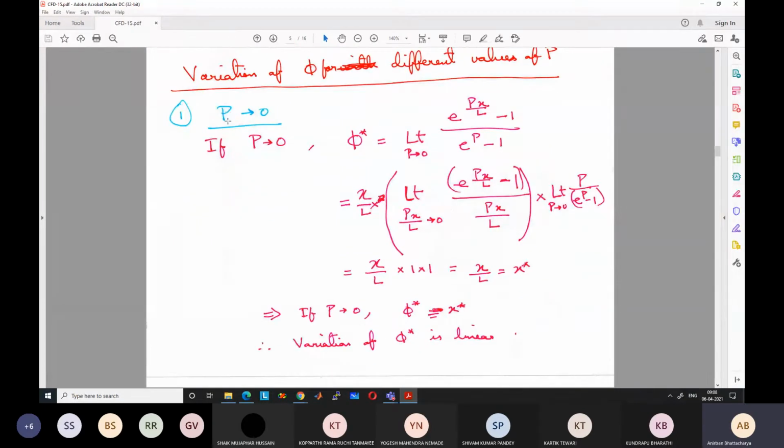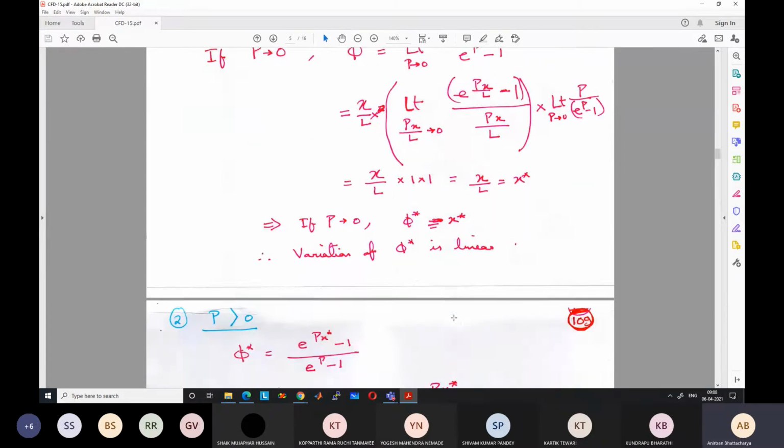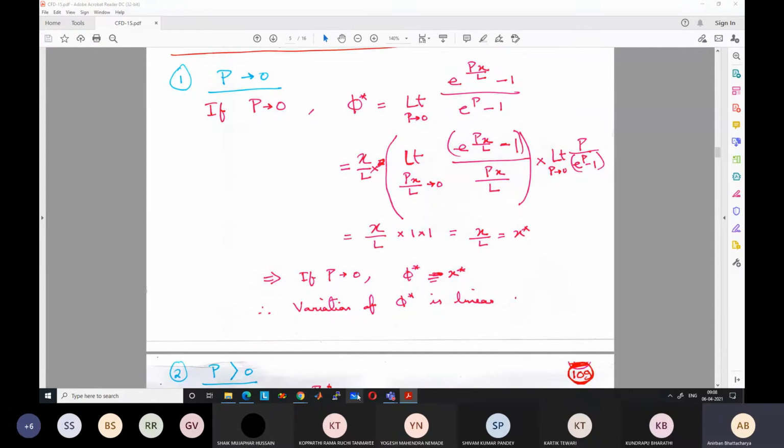So a very low Peclet number means there is almost no flow. It's only diffusion dominated. We had obtained the solution as phi star is equal to x star. So the non-dimensional variable phi star is linear in nature. If you plot this, it will look something like this.